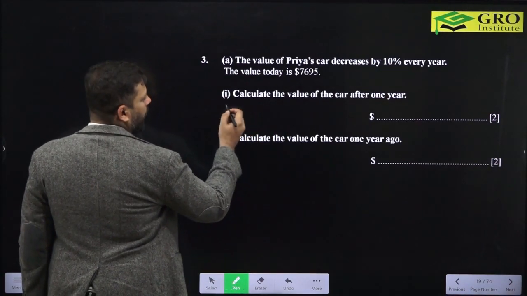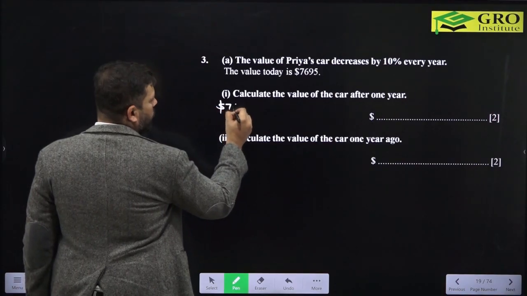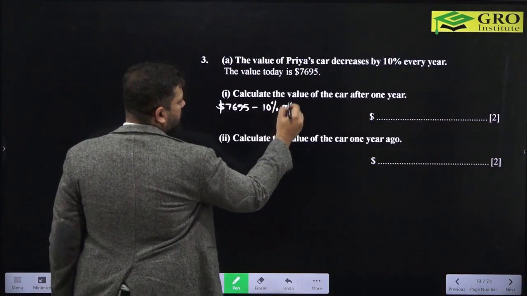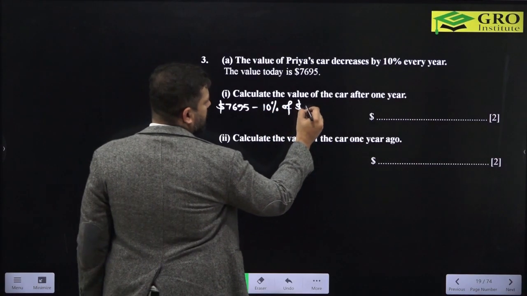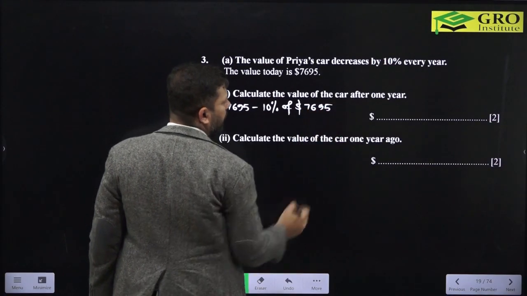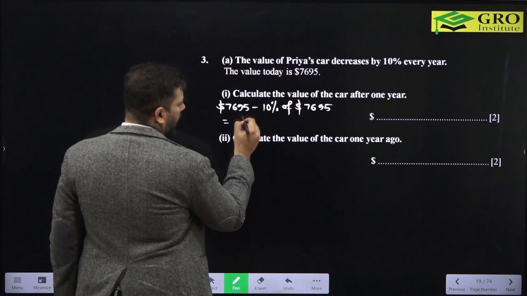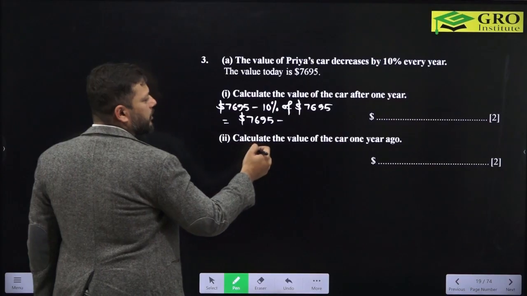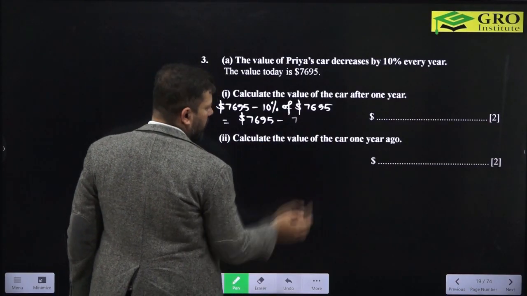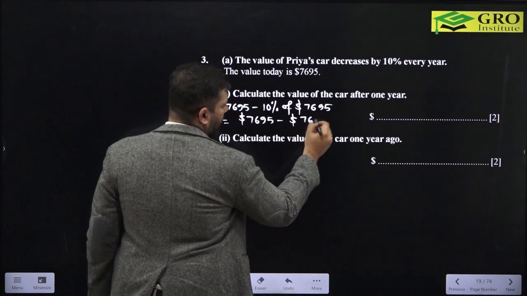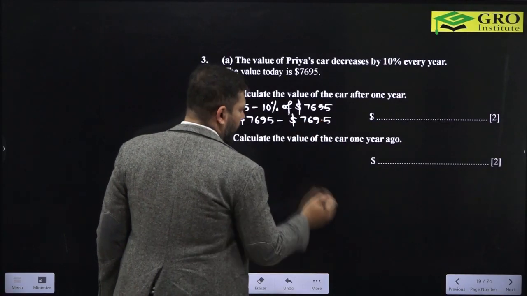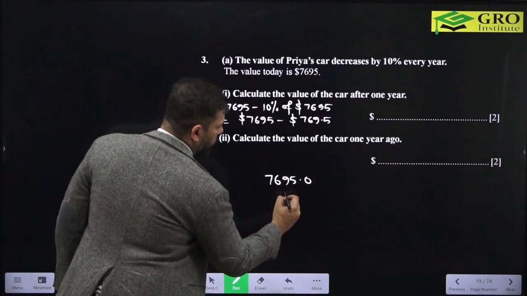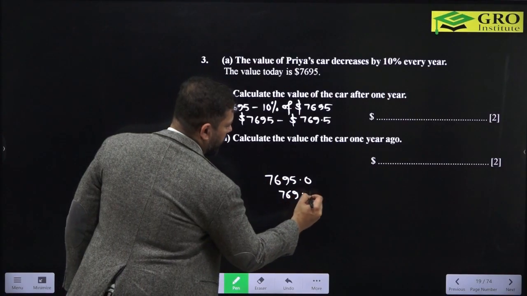The value of the car after 1 year would be $7,695 minus 10% of $7,695, isn't it? So if I calculate it, I'll get 7,695 minus 10% of this, which would be 769.5. And if I subtract it, let us quickly do that. 7695 minus 769.5.